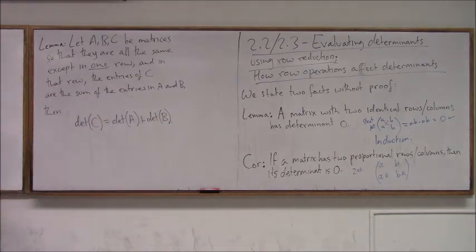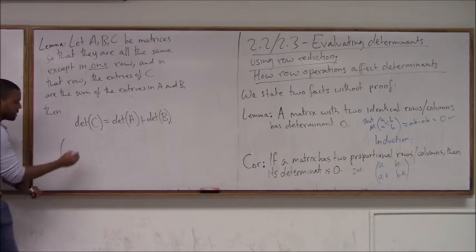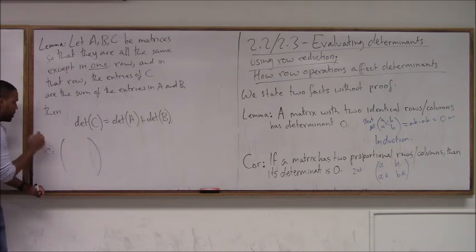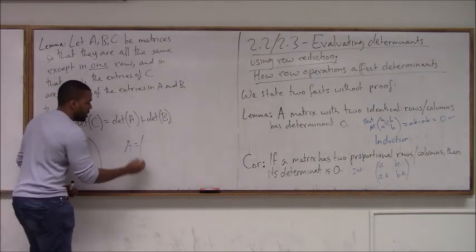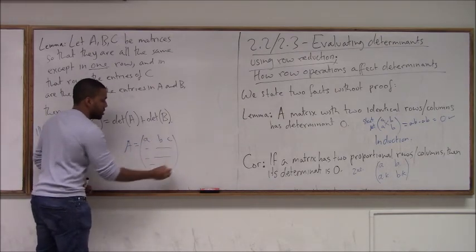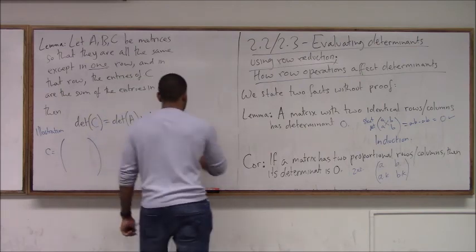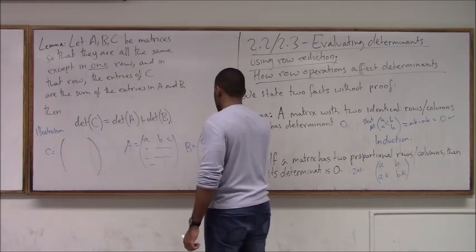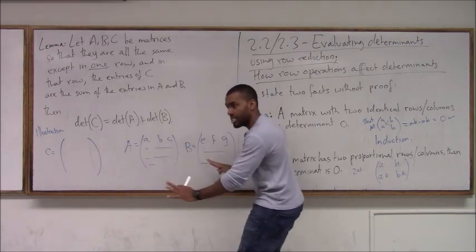Okay. And so I'm saying A, B, and C are exactly the same except for one row. Let's say, and this is just an illustration, a very specific example. Let me first do my A: A is a, b, c. My B is e, f, g, but they're exactly the same numbers.